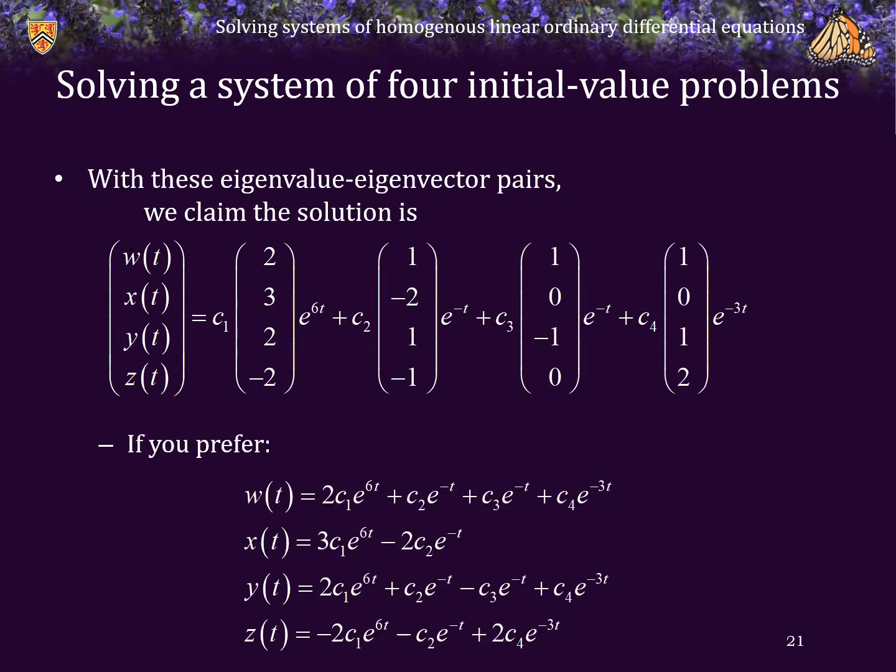And you can, of course, expand this out to get the following 4 equations. Again, we still have 4 unknowns, C1 through C4. Again, we're going to determine these based on initial conditions.